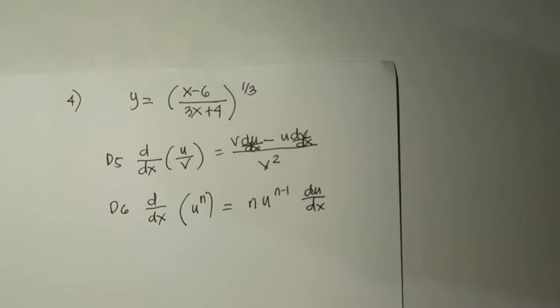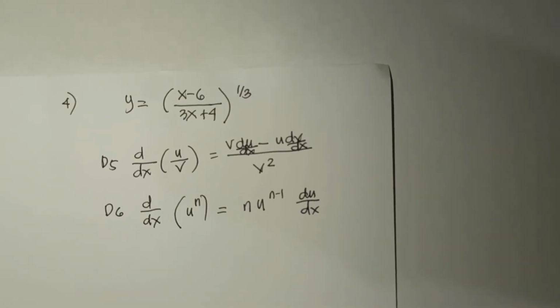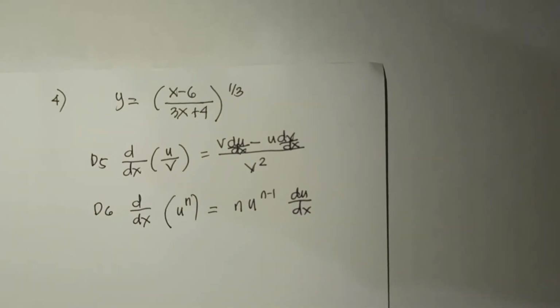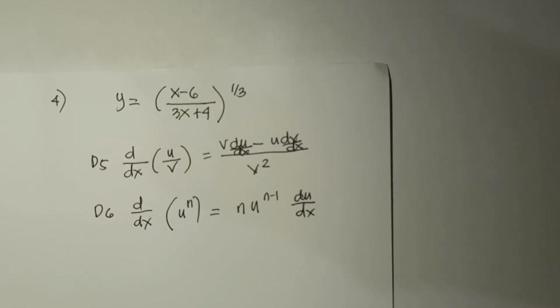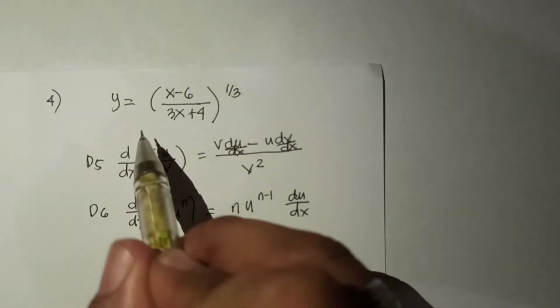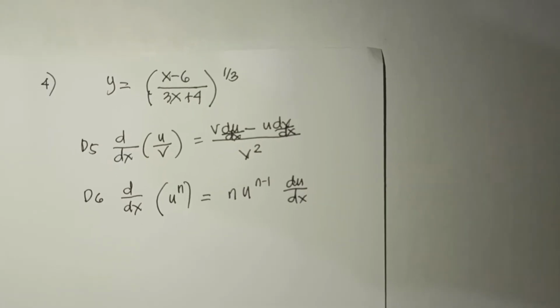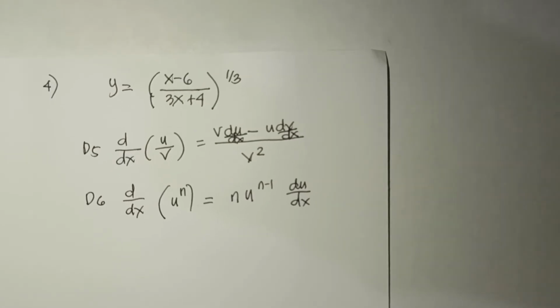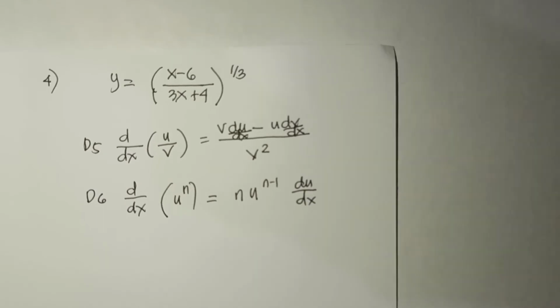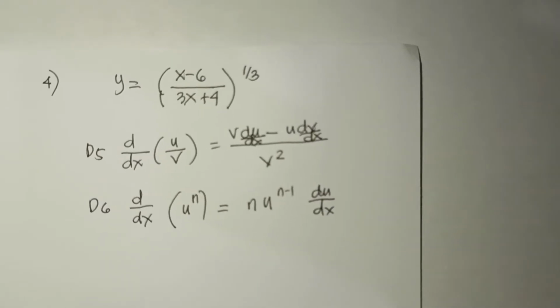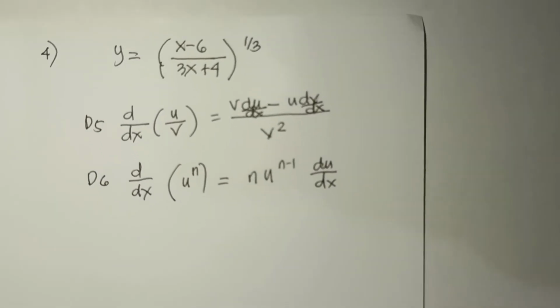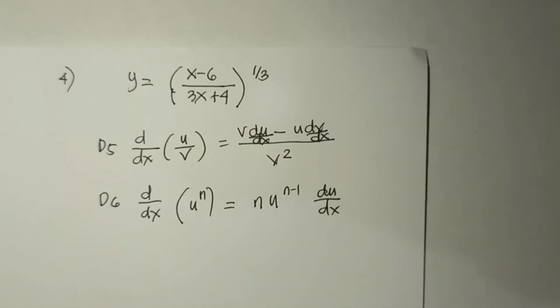Okay, so let's proceed now with problem number 4, which is y is equal to the quantity of x minus 6 over 3x plus 4, quantity raised to 1/3. So in this case, we will commonly apply D5 and D6, these derivative formulas.